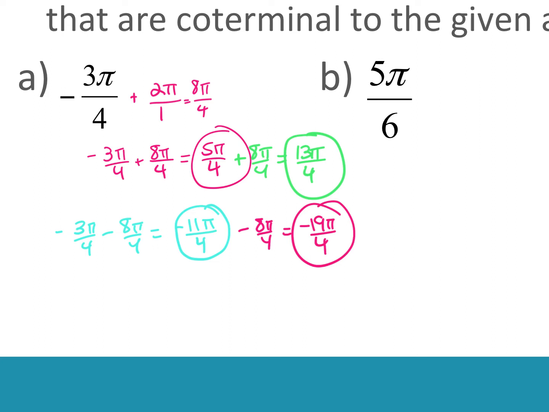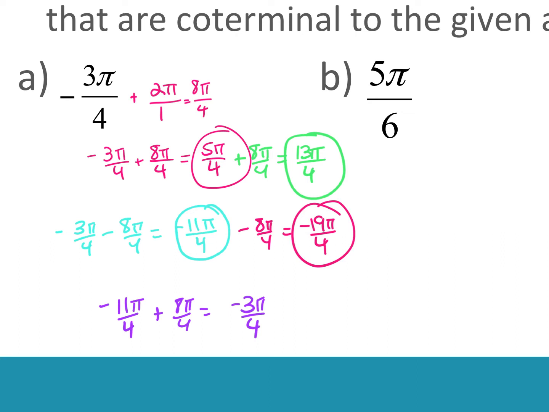So here's what you'll see on these, which we'll get to, is that the first one starts so far negative, and I asked for a positive one, you add 8 pi over 4 to this, and it's still negative. Does that count as a positive coterminal angle? No, you have to add again.